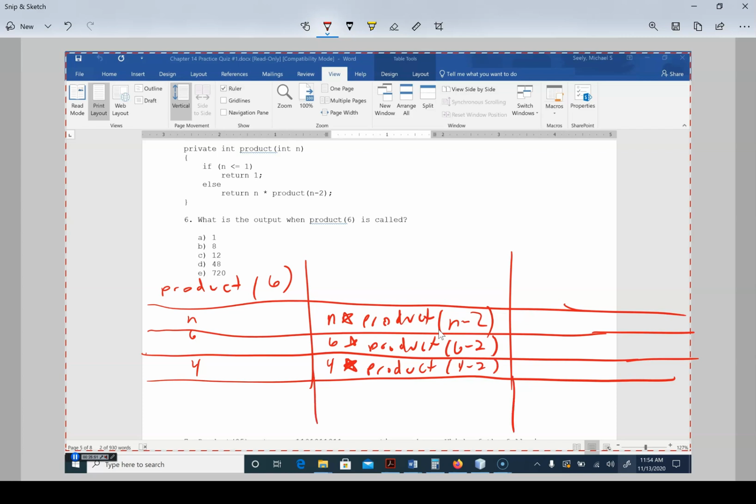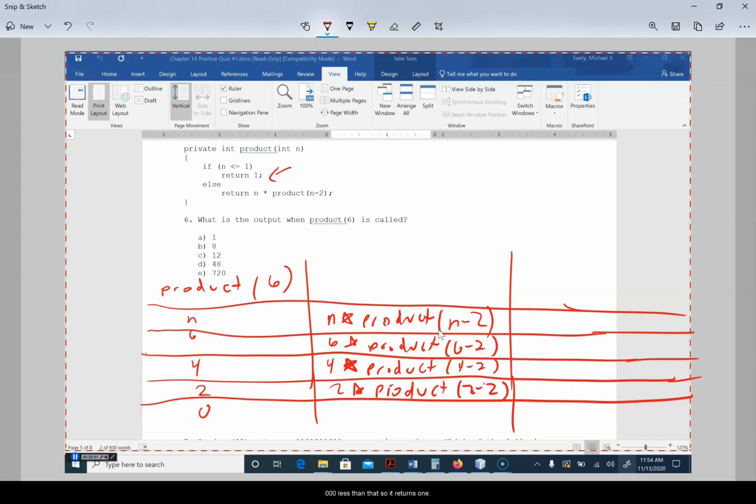Okay. And so this becomes 2. Becomes 0. So 0 is less than that, so it returns 1.